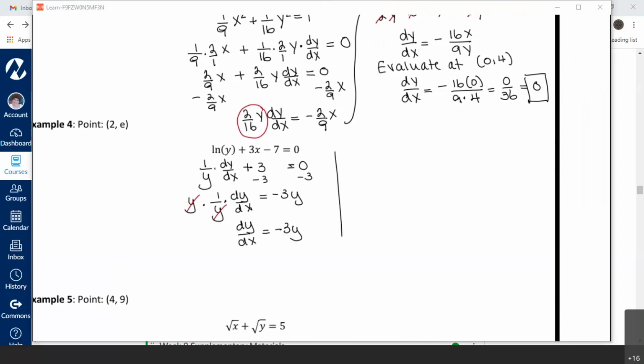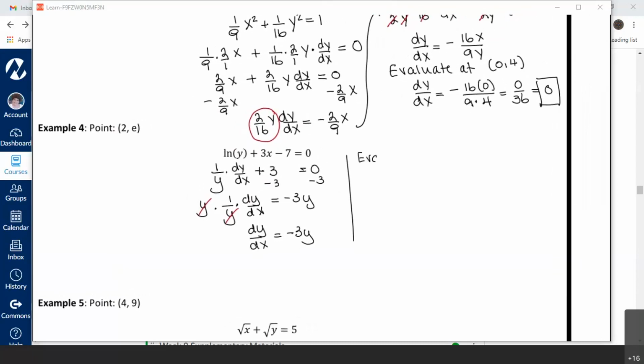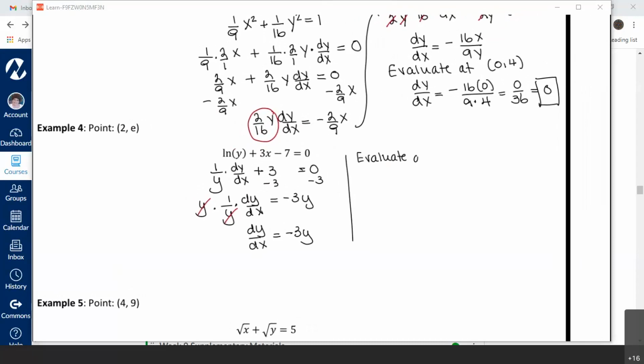Okay, and they want me to evaluate it at the point (2, e). So all I have to do, since 2 is x, there's no x in my derivative, I'm just going to plug in e for y. Okay, and believe it or not, -3e is just a number.